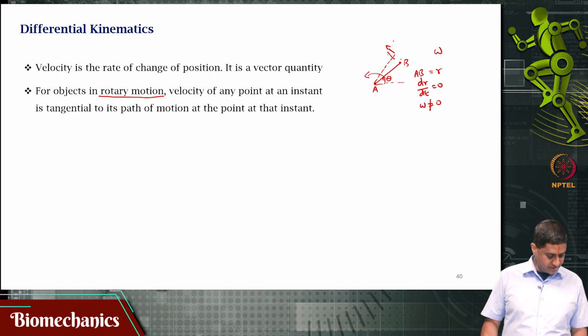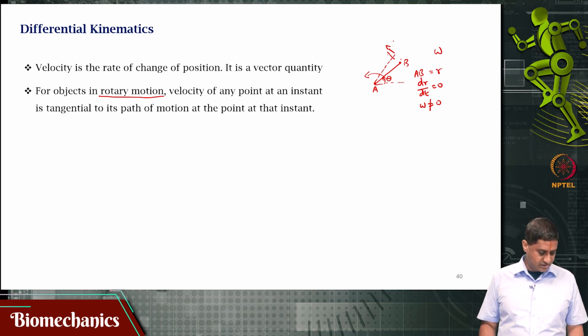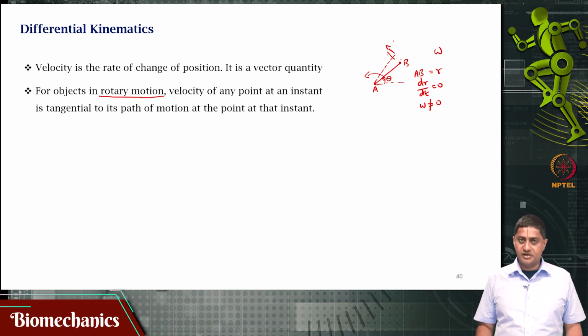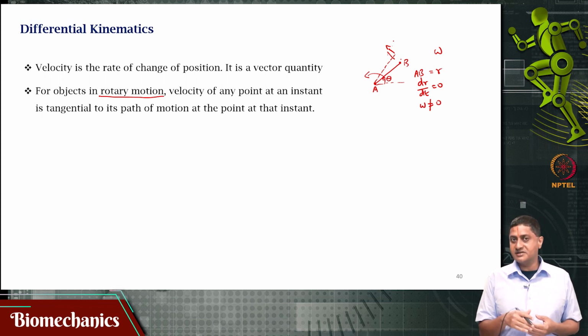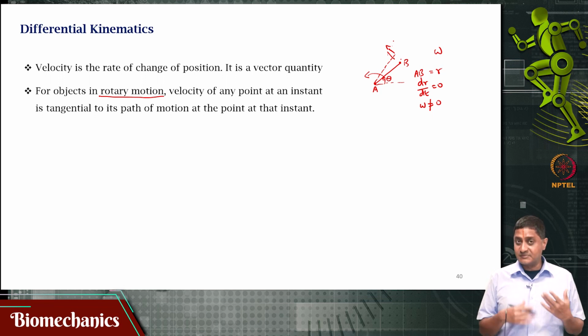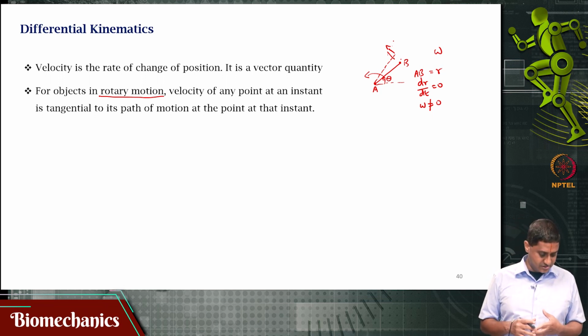So, at any instant the velocity of this rotating body at a point will be tangential at that instant, because at a different instant the point itself would have moved. So, this keeps on changing.